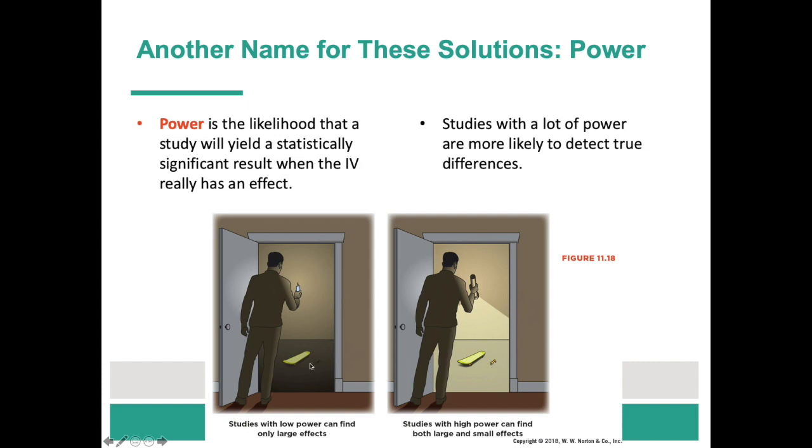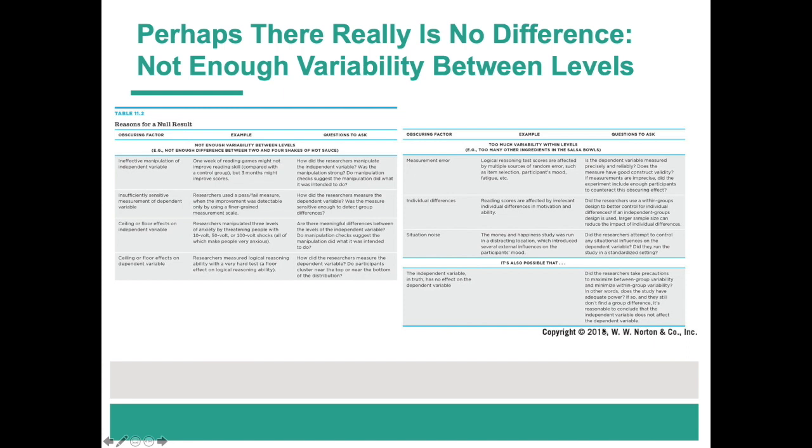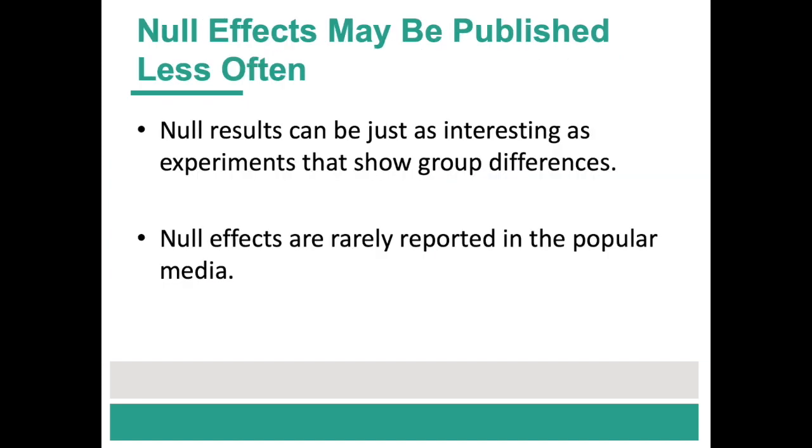So high-powered studies can see even smaller stuff, things that are harder to see, where low-powered studies can only see the big stuff. So here's a review again of all these reasons that a null result could happen. Keep these in mind. This table's in the book. Review this as you're preparing your final draft of your proposal, when you talk about possible limitations. One last thing to keep in mind is null effects may be published less often.